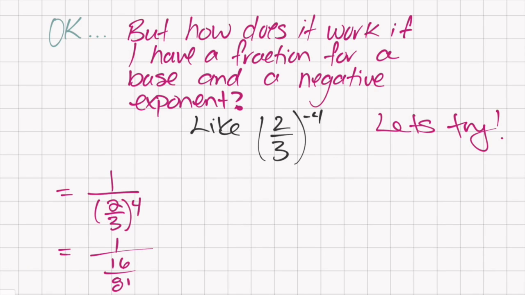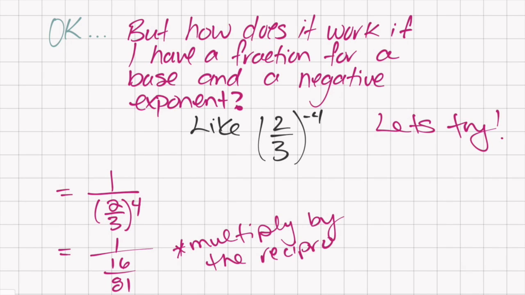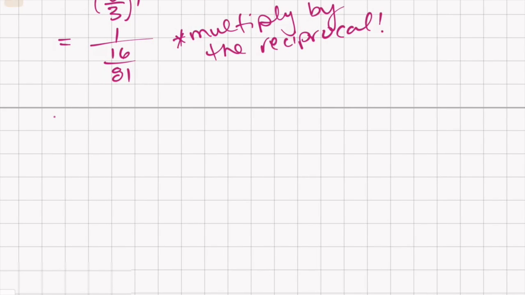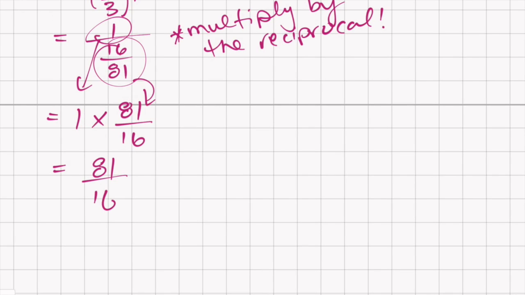So if I have 1 over 16 over 81, what this actually is, is division of fractions. And when I'm dividing fractions, I need to actually multiply by the reciprocal. So what would happen here would be that I'd have 1 being multiplied by 81 over 16. And that would just be 81 over 16.